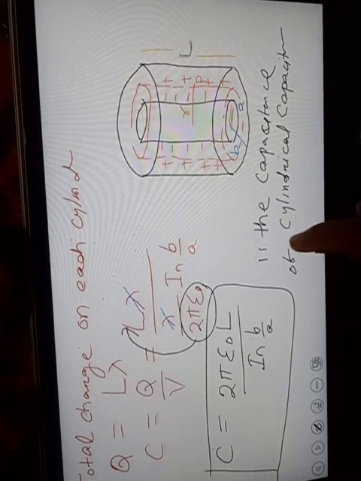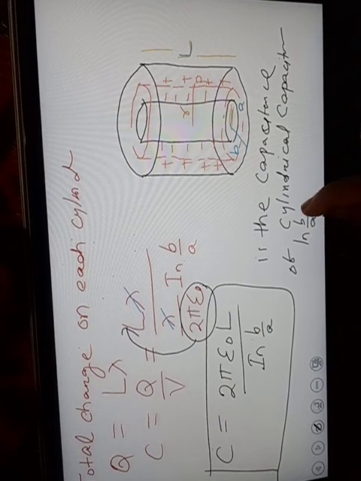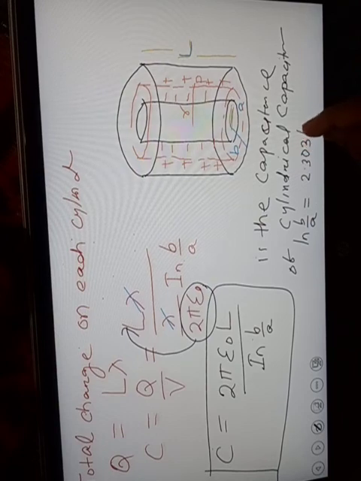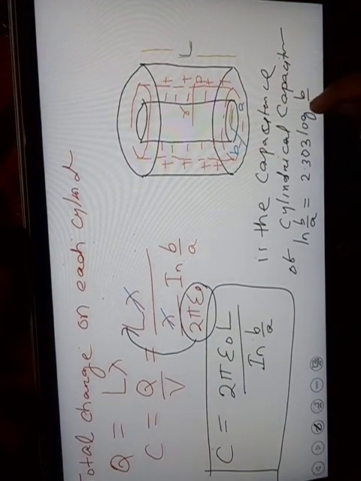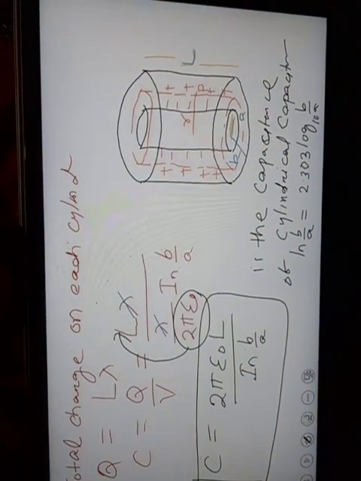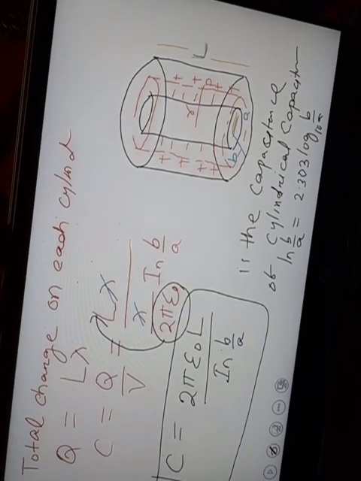And we know log B by A, the natural logarithm, can also be written as the common logarithm: 2.303 log B by A to the base 10. Understand?